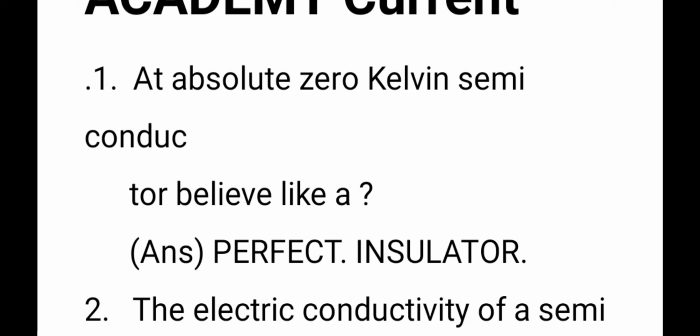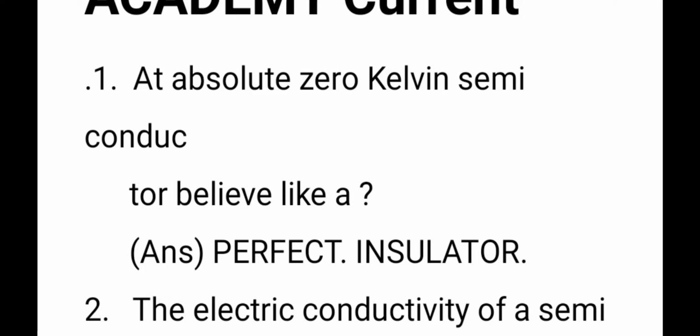According to electricity, substances are classified into three categories: insulators, conductors and semiconductors.